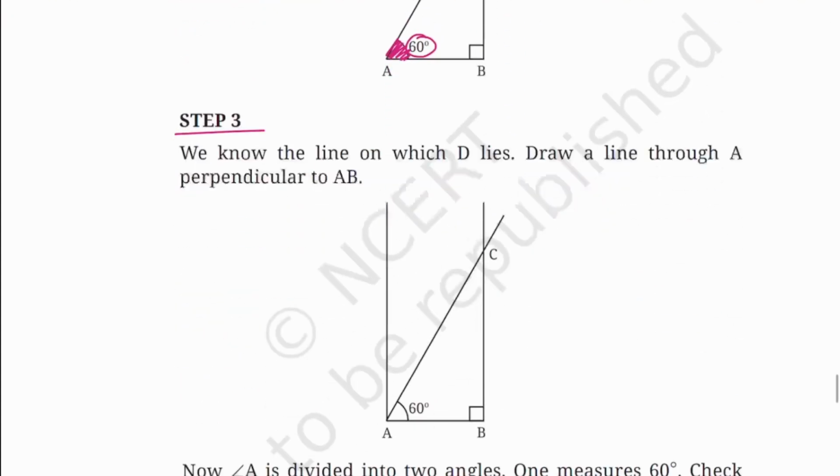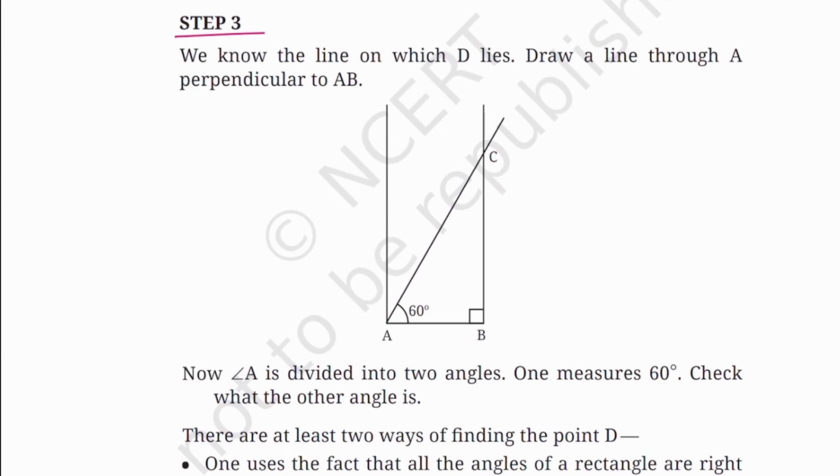Step 3. We know the line on which D lies. Draw a line through A perpendicular to AB. You have to draw a perpendicular at point A like this. This angle will be 30°.